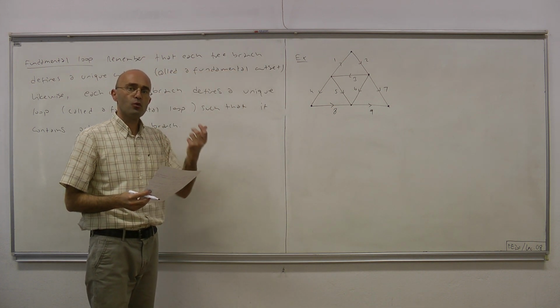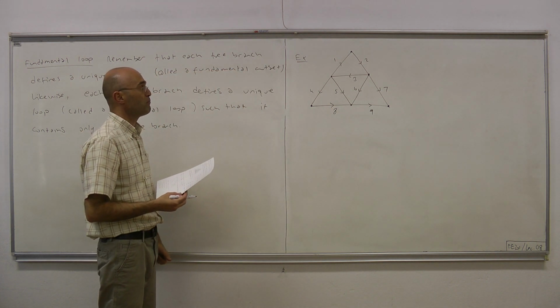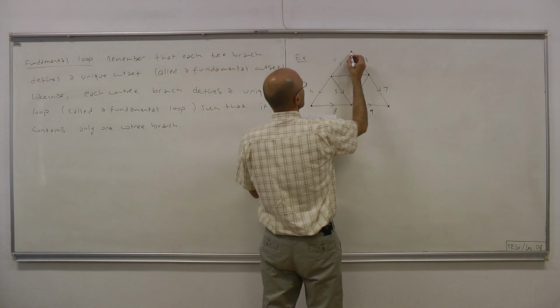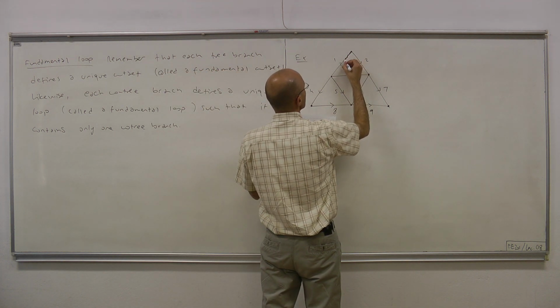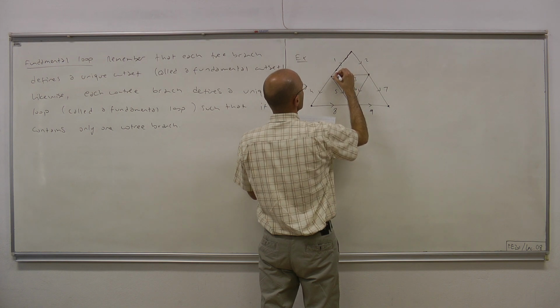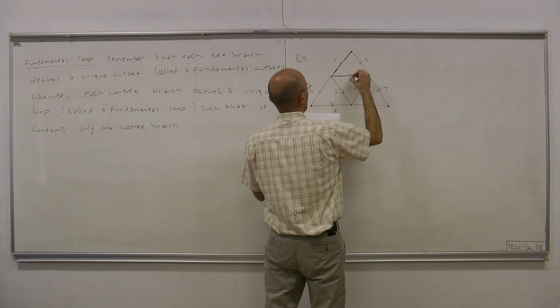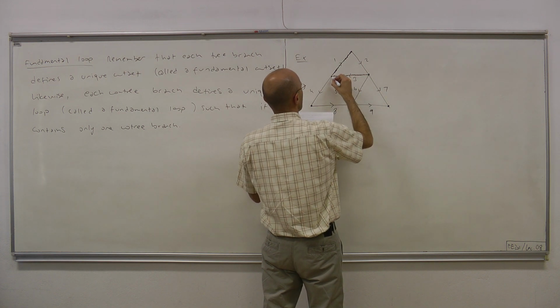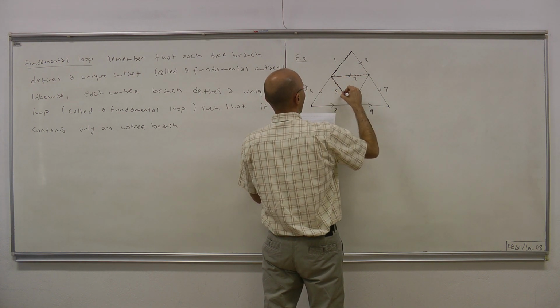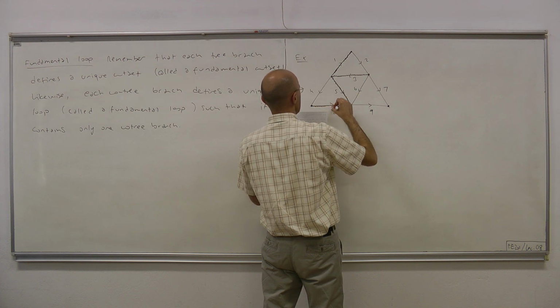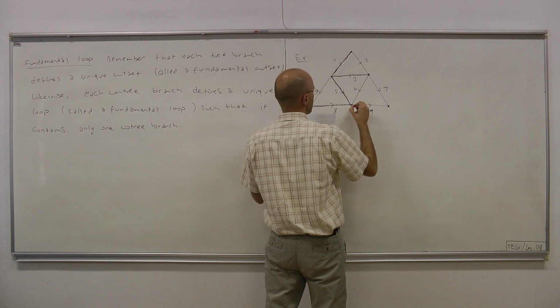And let's work with the tree that we have picked in the previous example. So let me darken the branches that belong to the tree. And finally, branches 8 and 9.